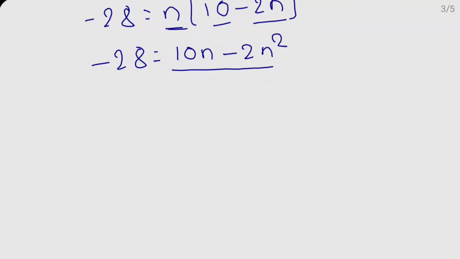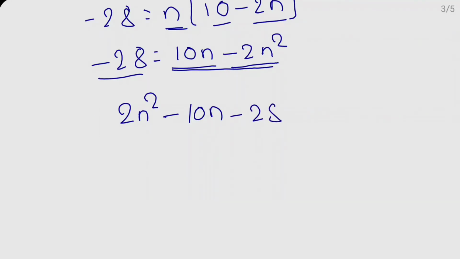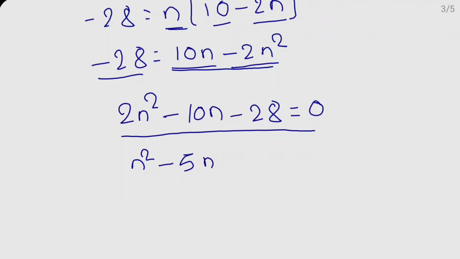So minus 2n square becomes a plus 2n square and 10n becomes a minus 10n and minus 28 as it is, and this equals 0. Is it clear? So now this whole equation is divided by 2. So here we got n square minus 5n minus 14 equal to 0.